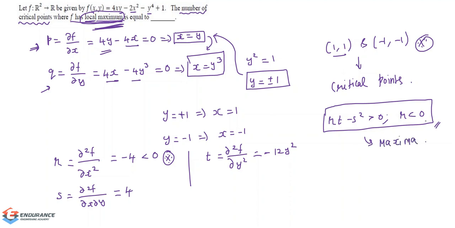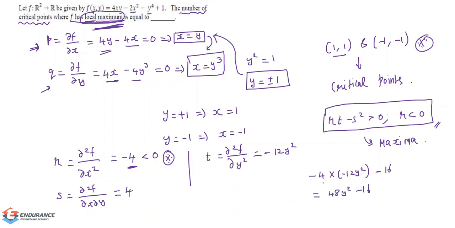We already know r is less than 0. It's always less than 0. I need to find out rt minus s square. What is r? Minus 4. What is t? It is minus 12 y square. What is s? 4 square will be 16. So this will become 48 y square minus 16.